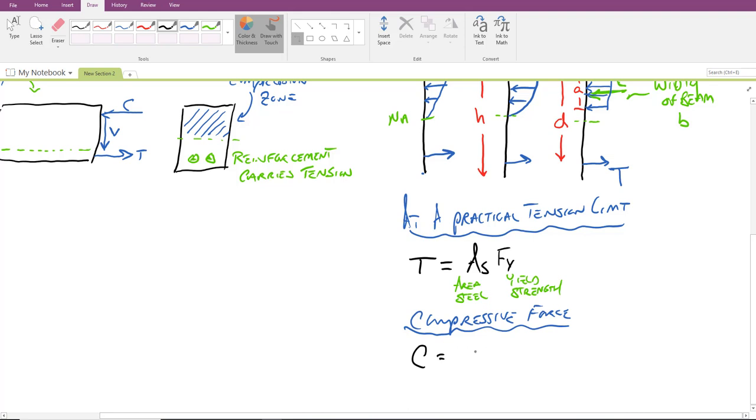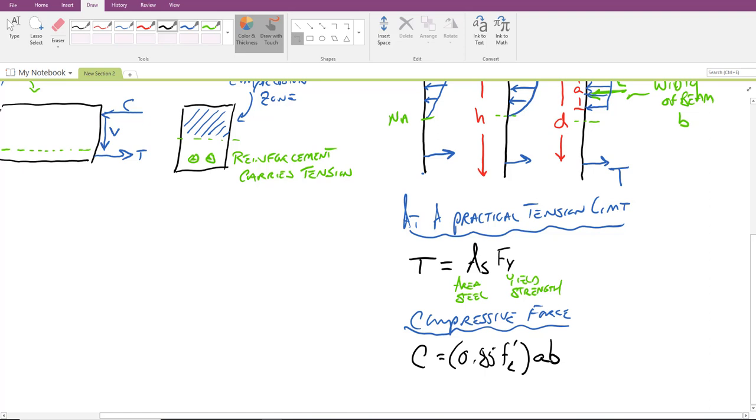So C equals the magnitude of the stress, F prime C. That's the magnitude or the width of that block, and we multiply it by the height of the compression block, and we multiply it by the width of the beam.